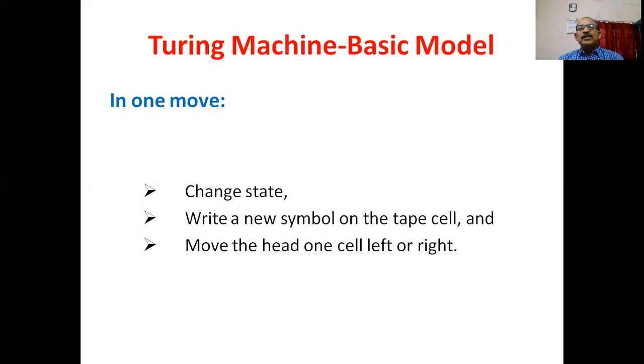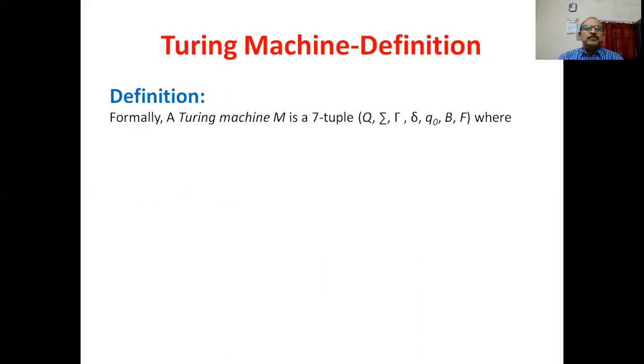So depending on the symbol the Turing machine reads, it moves from one state to another state, writes a new symbol on the tape, and moves in the left direction or in the right direction.